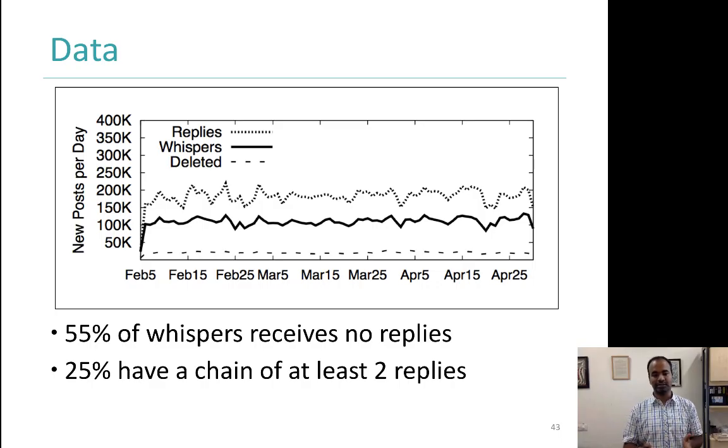People just post content and nobody really replies to these posts. 25% have a chain of at least 2 replies. Only 25%, so to say, actually we should read it that way. 25% have a chain of at least 2 replies, and 55% of the whispers don't get a reply.